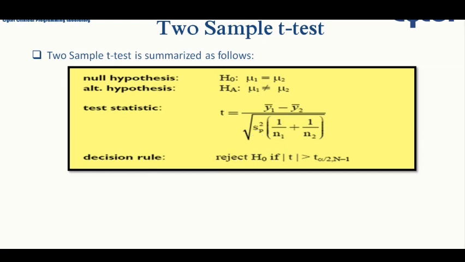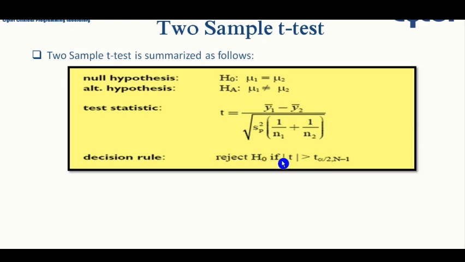So whenever the population parameter is unknown, then you try to estimate it from the sample. And just like the normal distribution, there is some statistical distribution known as the T distribution, which is also famous as Student's T distribution.